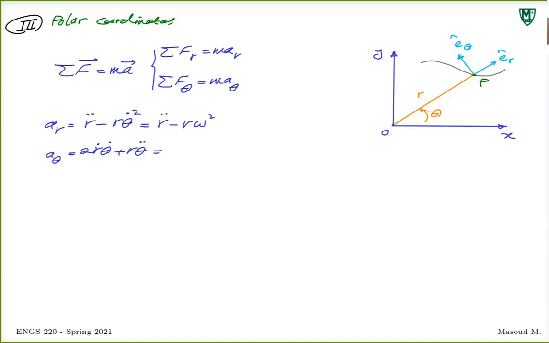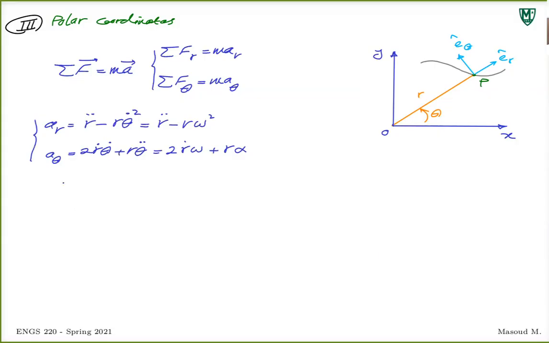Dot is the first derivative with respect to time, double dot the second derivative. So we can write this as 2 r dot omega plus r alpha, omega being angular velocity and alpha being angular acceleration. These are hopefully not new, and you remember them from before.